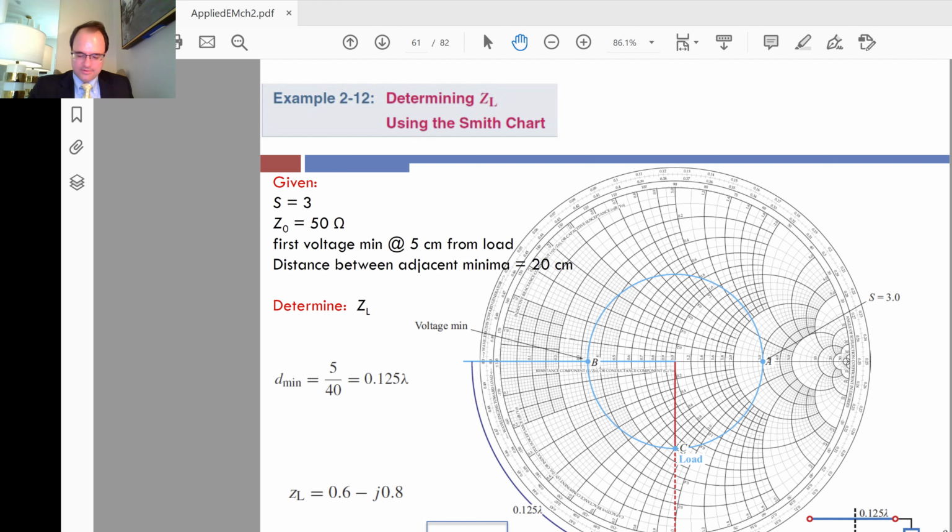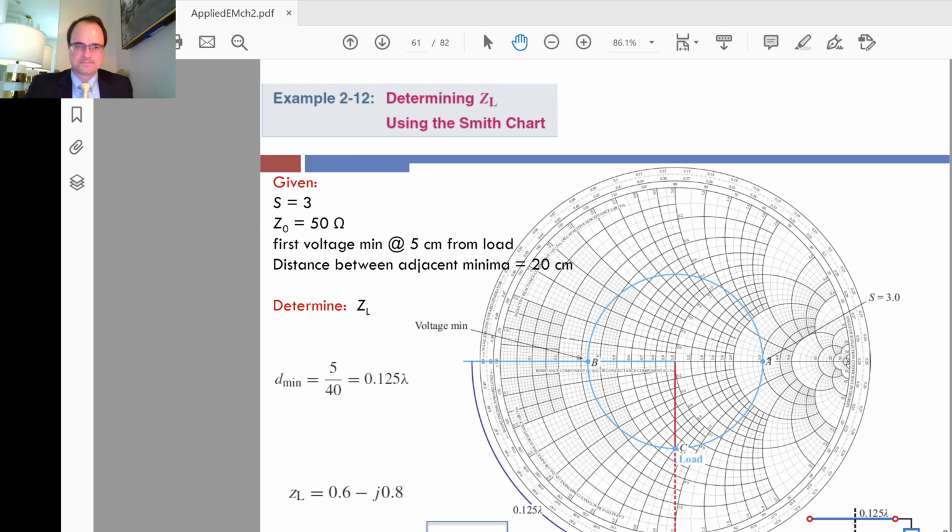Given that the standing wave ratio is 3 on a 50 ohm line, and that the first voltage minimum occurs at 5 centimeters from the load, and that the distance between successive minima is 20 centimeters, find the load impedance.